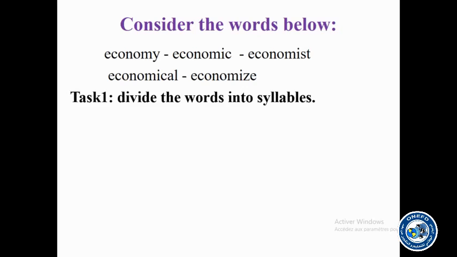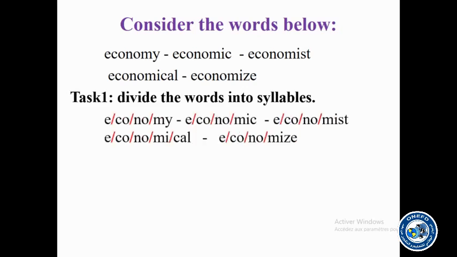Good. So let's see. Economy, 4 syllables. Economic, 4 syllables. Economist, 4 syllables. Economical, 5 syllables. And economize, 4 syllables.